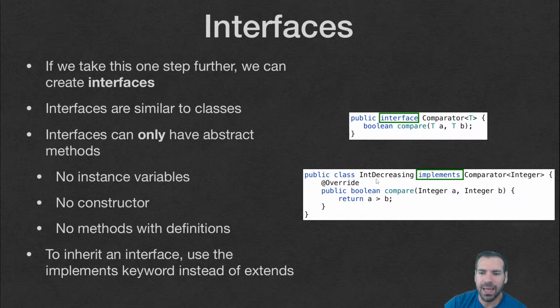So now my IntDecreasing can be stored in variables of type Comparator. We get that advantage that we had for polymorphism still, but we can implement as many as we want. So if we want our IntDecreasing to be a GameItem and a Comparator of integers, that doesn't make sense in this context. But if we want to do that, we can, as long as Comparator is an interface.